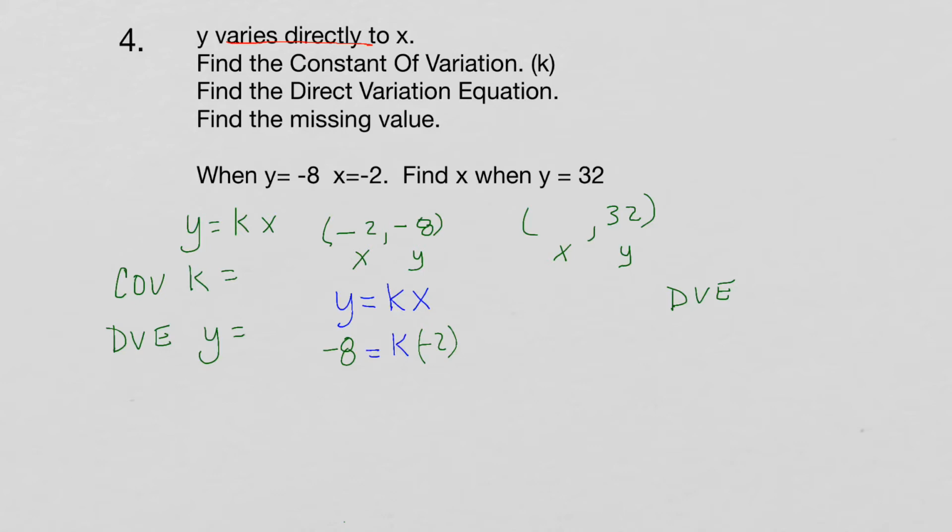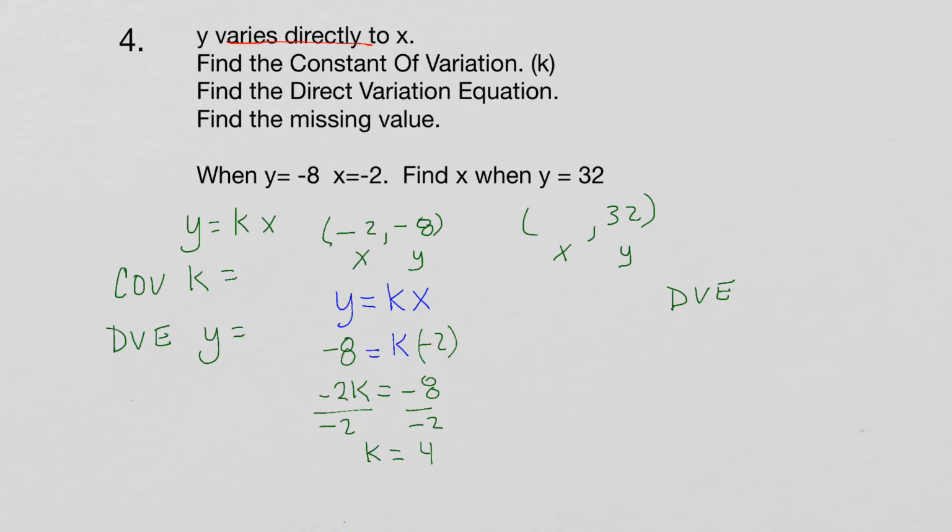Then we're going to ask, is the variable on the left? It's not, so we're going to do symmetric. So negative 2k is equal to negative 8. Opposite operation, divide by negative 2, k is equal to 4.